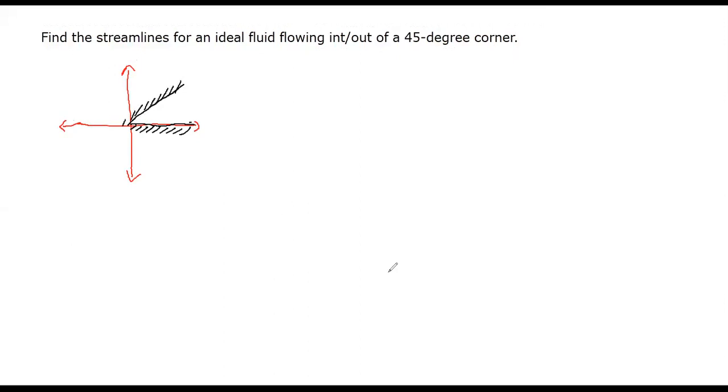And I'm going to start fluid coming in here. Obviously, it cannot pop through the wall, so it's going to come out. So any guesses about how I would do this?